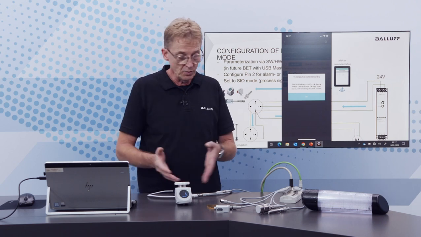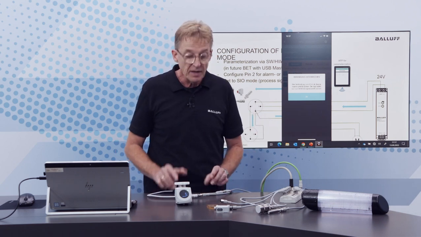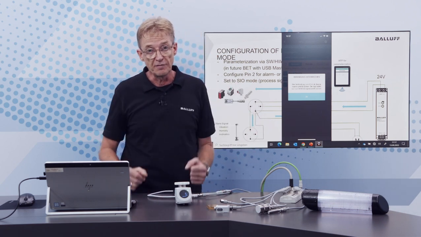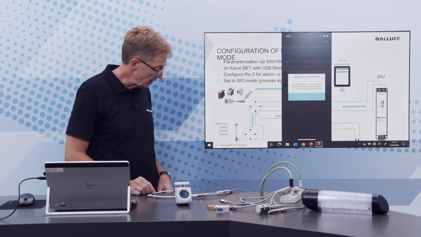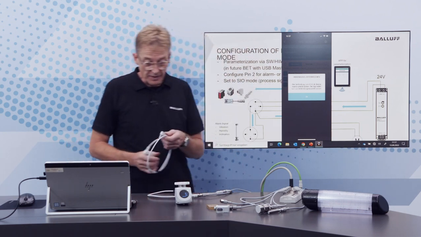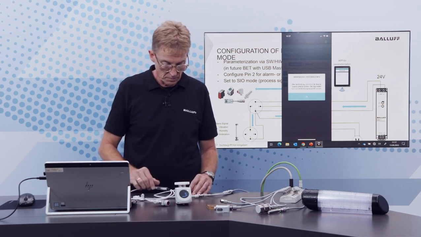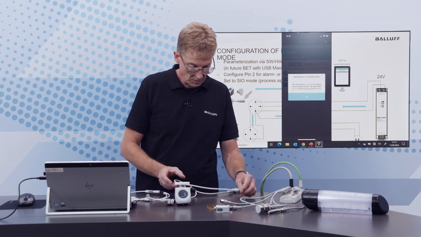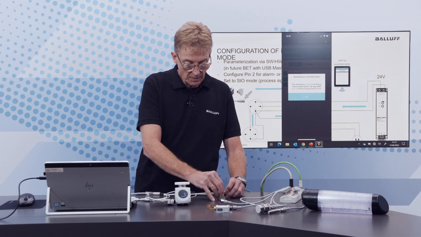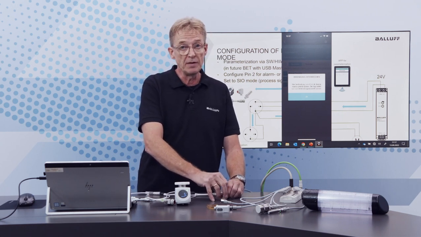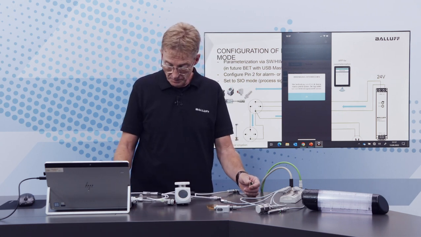That is pin 2 out of this device, and now we want to have the on-target information as well. So we are using another cable to get out the pin number 4 as well.